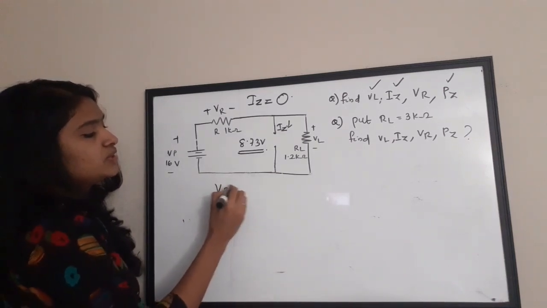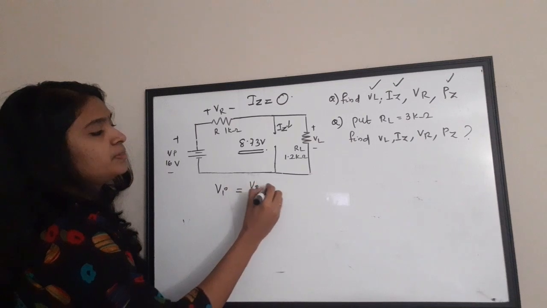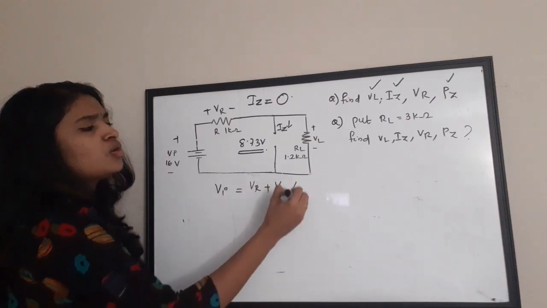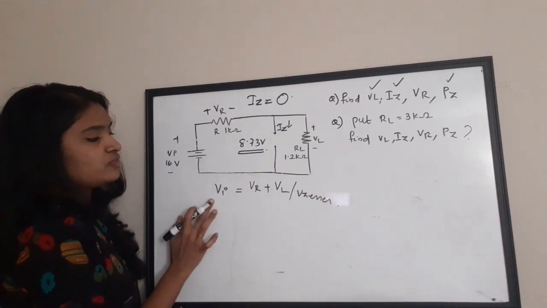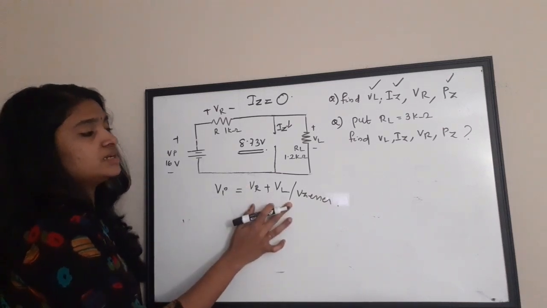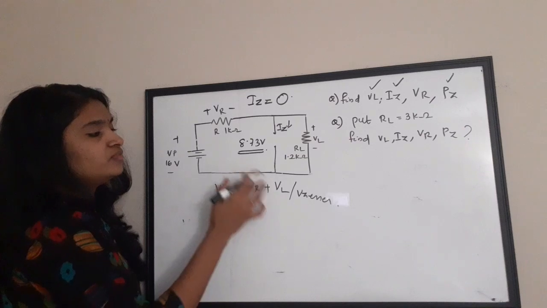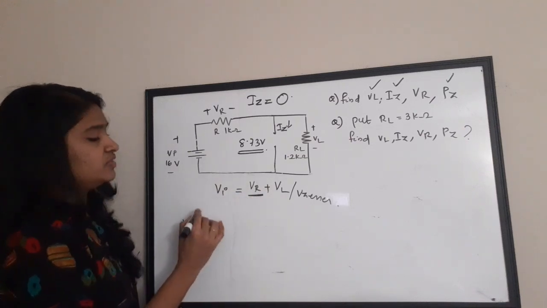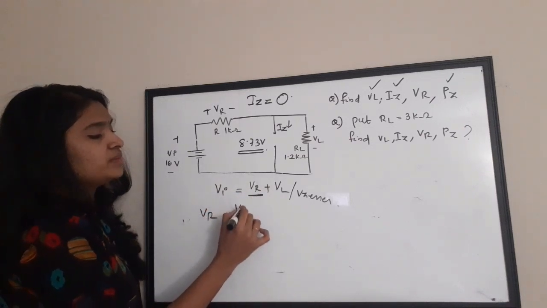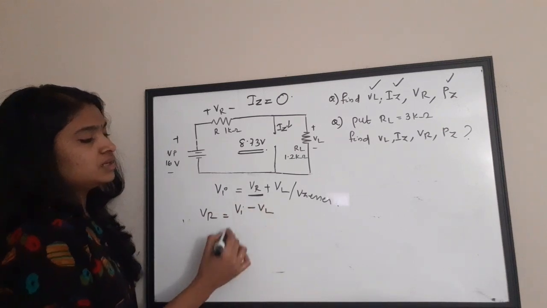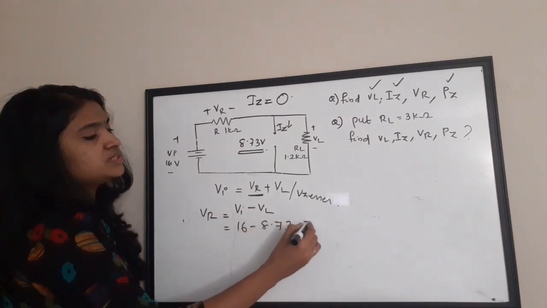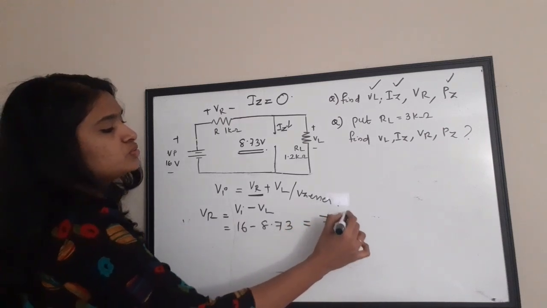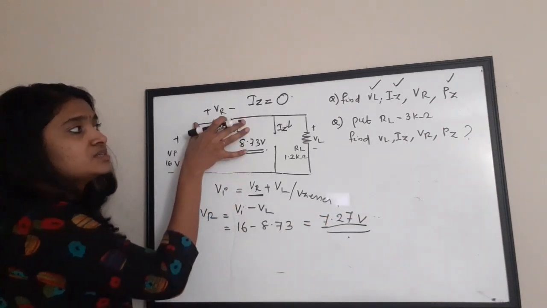VI you can write as VR plus VL or V Zener. So from this we have VI, we have VL or V Zener. VR is equal to VI minus VL. That is 16 minus 8.73, which is equal to 7.27.